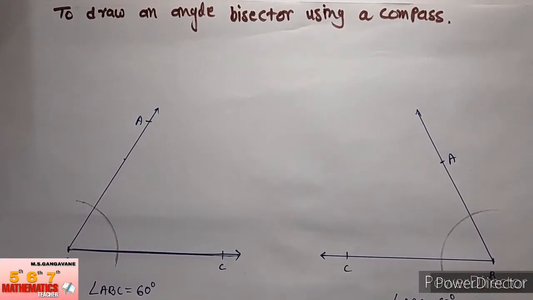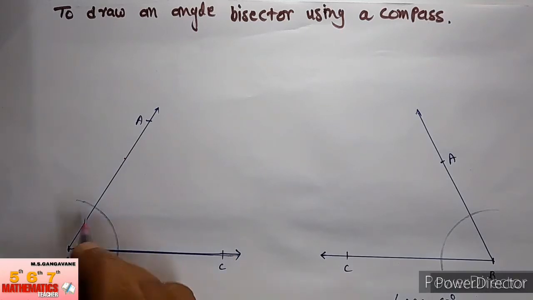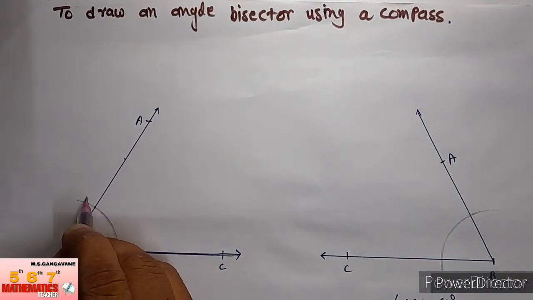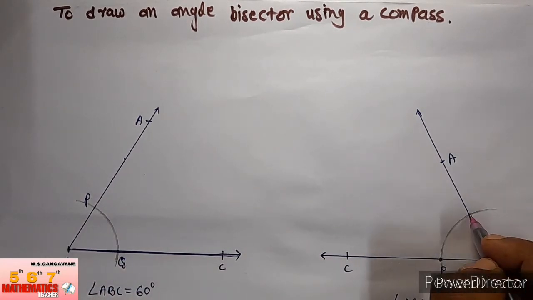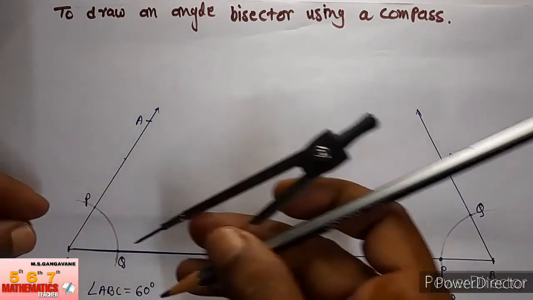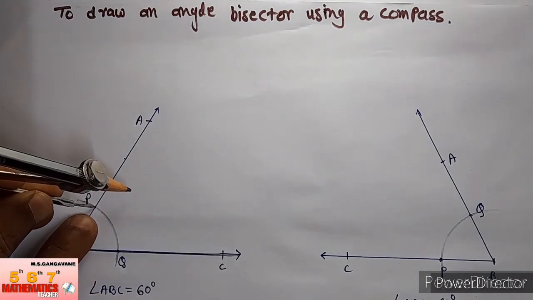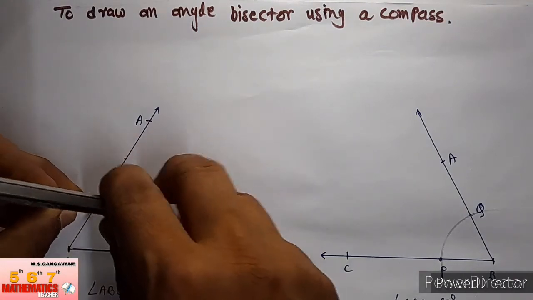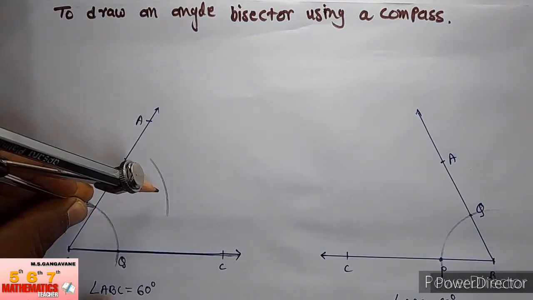Now look. Now again get a convenient distance. Given here point P, also here Q, here P, here Q. Okay. Now take the distance again. The metal point now on P and make an arc inside the angle.